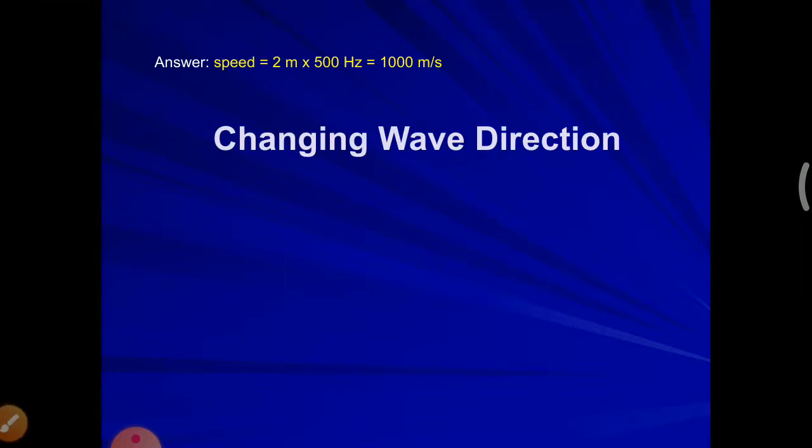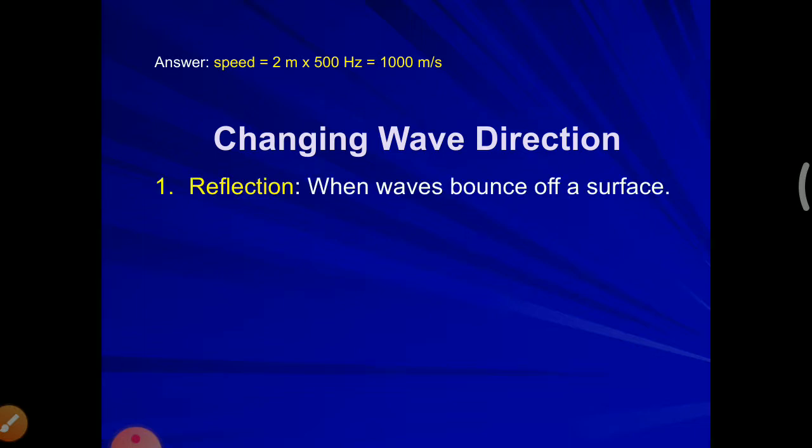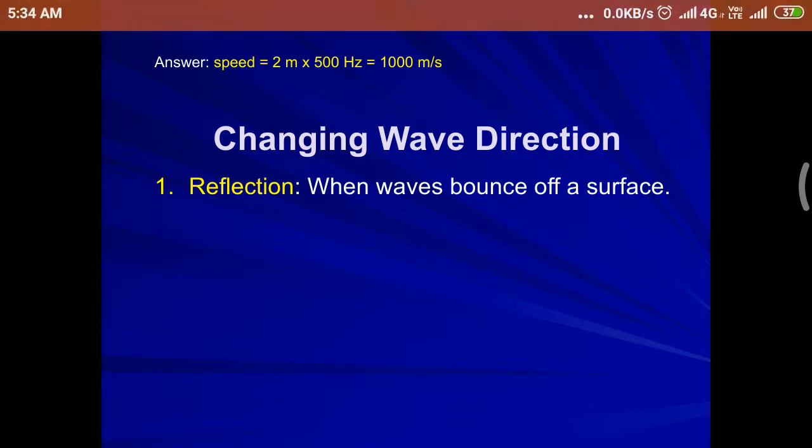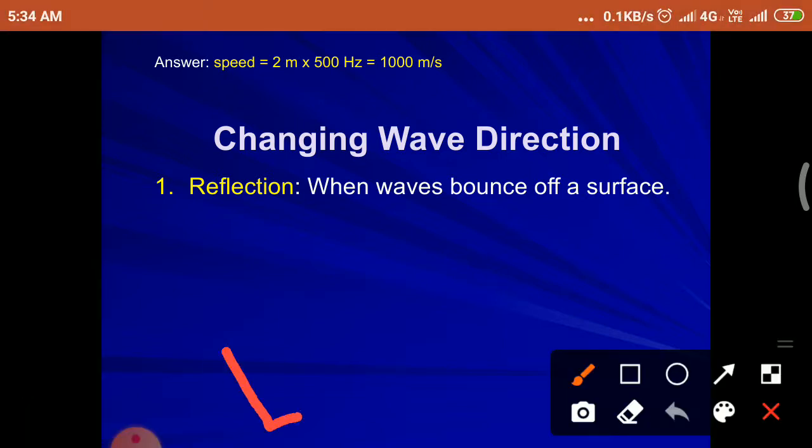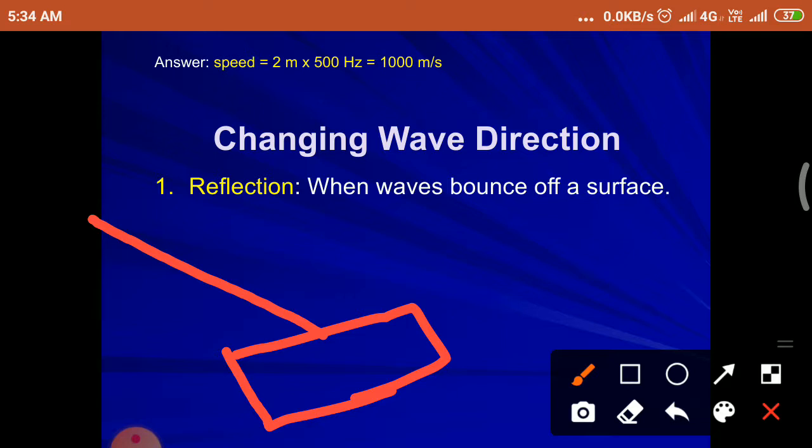Changing wave direction. How can we change the wave direction? By reflection, we can change the direction of a wave. When waves bounce off a surface, for example a wall, when the wave falls on the wall, it bounces back.